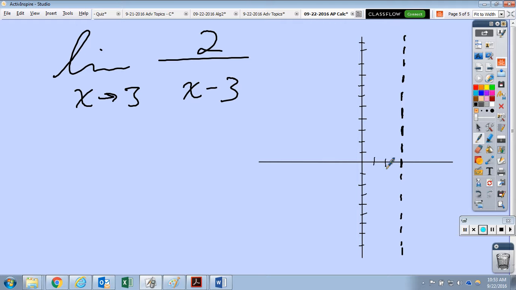One, two, three, that'll work. It doesn't have to be perfect for this particular purpose. So at x equals 0, you'd have negative 2/3. When x is 1, you'd have negative 1.